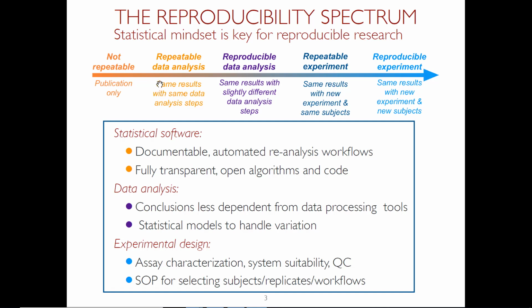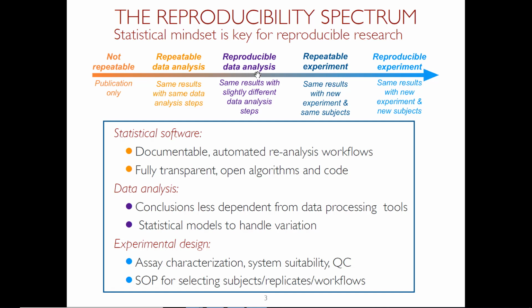So the second layer of reproducibility is different from repeatability in that if we use multiple different tools or multiple different options which are equally reasonable for this problem, we will not have exactly the same numbers back, but qualitatively we should have the same type of conclusions. If our conclusions depend too much on the tool or on the parameter that we choose, then this is not really reflecting the biology. So this is number two.